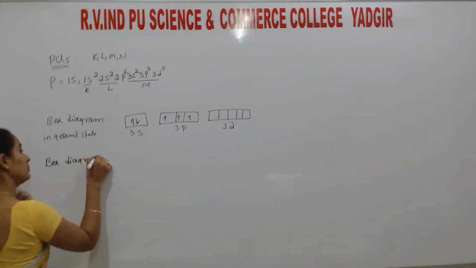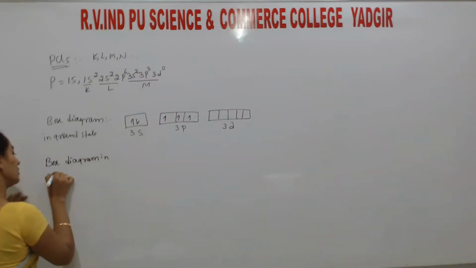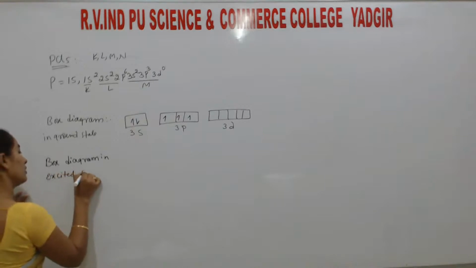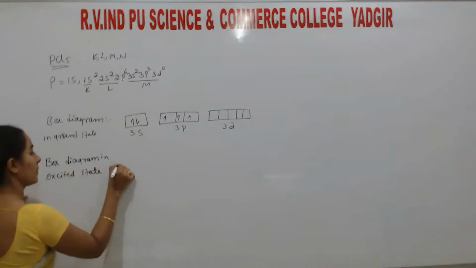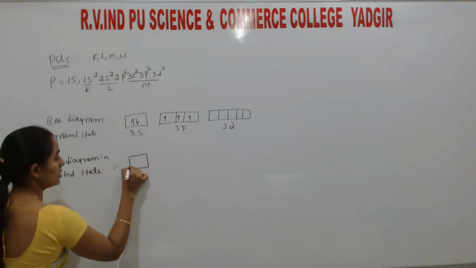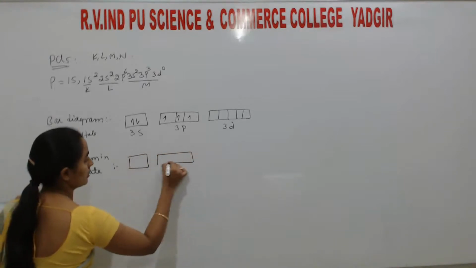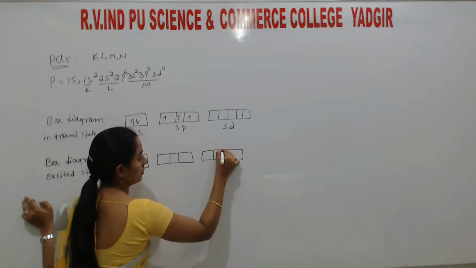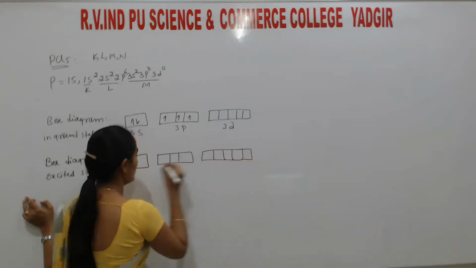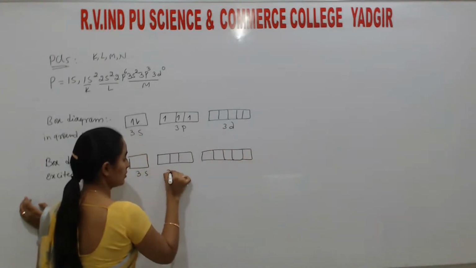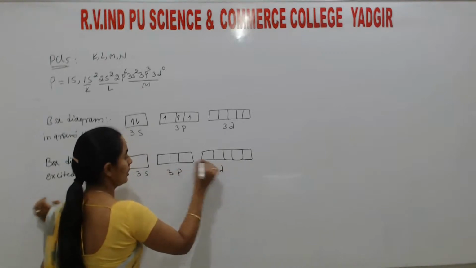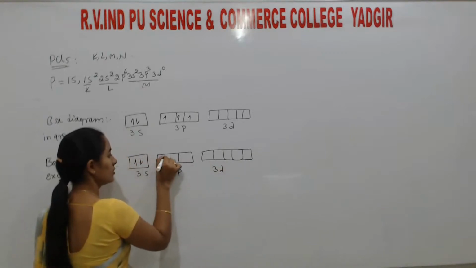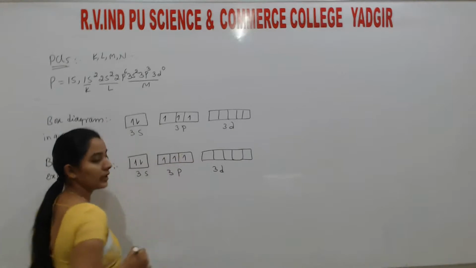Box diagram in excited state. That is the same 3s, 3p, 3d. So here 2 electrons, here 1, 1, 1.